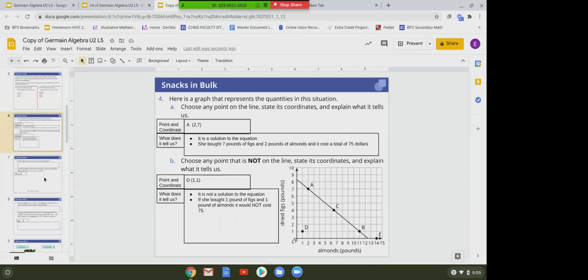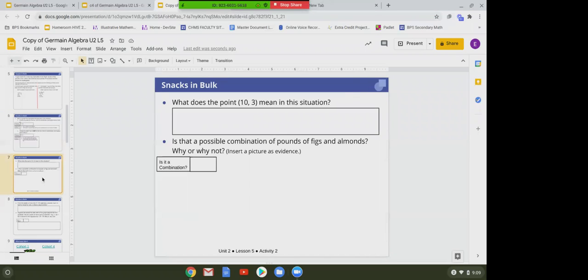So let's take a look at this next slide here. This is sort of like an extra piece that isn't necessarily in your book. So let's take a look at this next piece here. What does the point 10, 3 mean in this situation? So in this situation, what does 10, 3 represent?